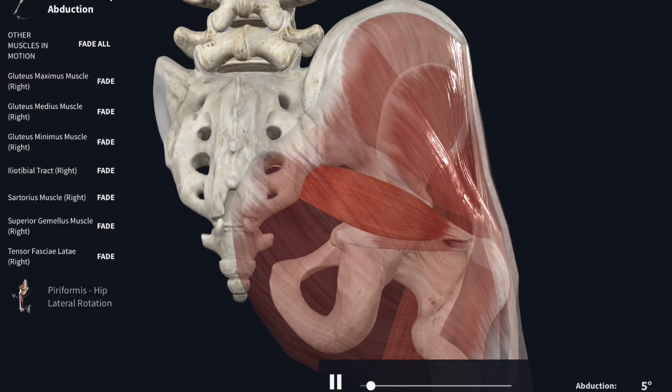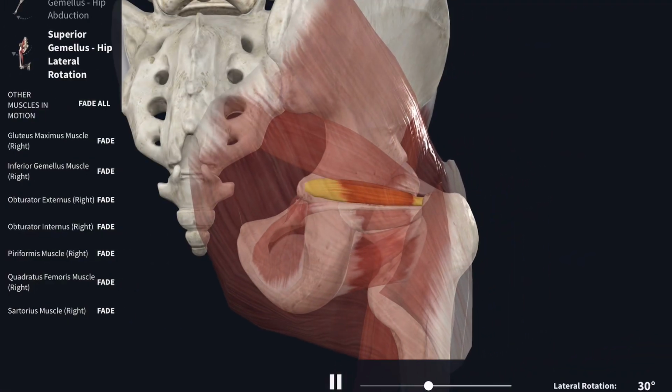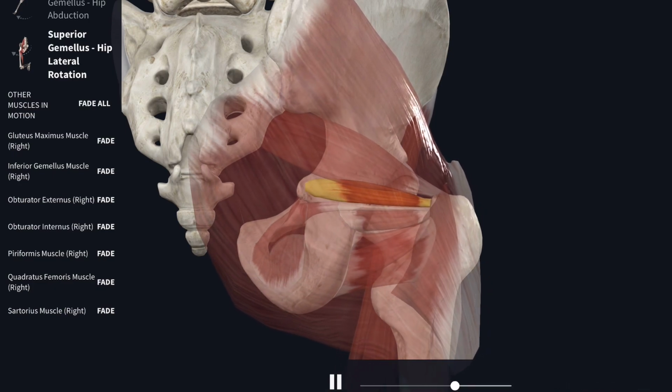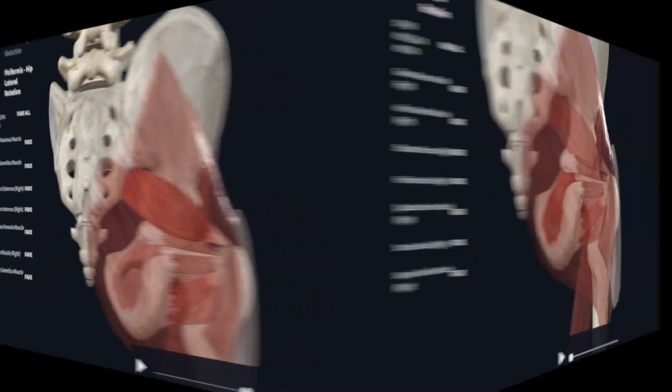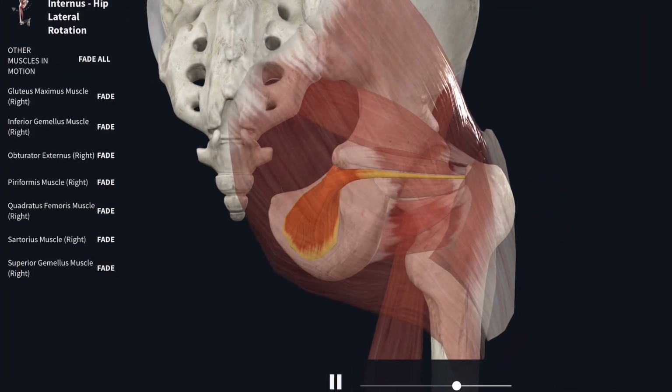The piriformis, which is a lateral rotator of the hip. The superior gemellus, which is a lateral hip rotator. The obturator internus.